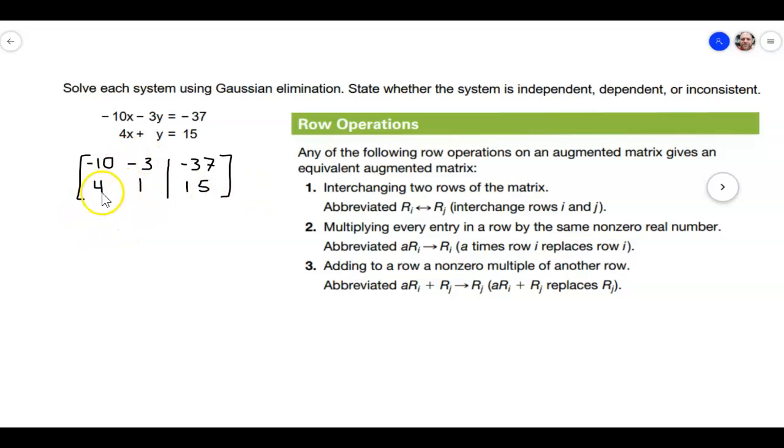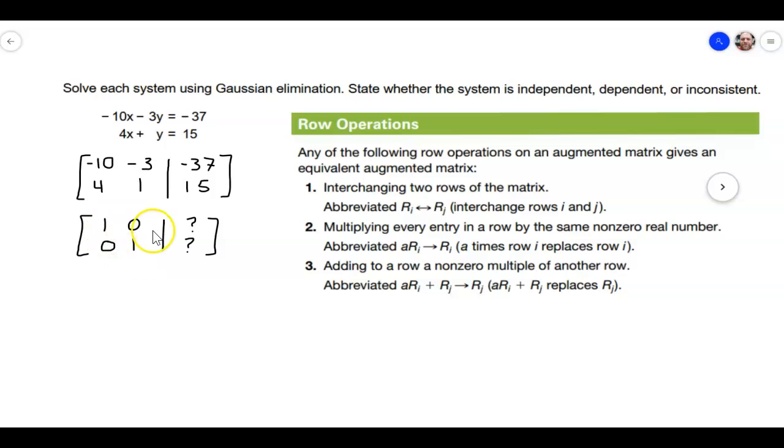For the second equation, I want to put a 0 here and a 1 there, because 0x plus 1y is the same thing as y is equal to some value over here. So what I want to end up getting is 1, 0, 0, 1, and then these values over here will be my x and my y, right? So this is what I'm trying to get.